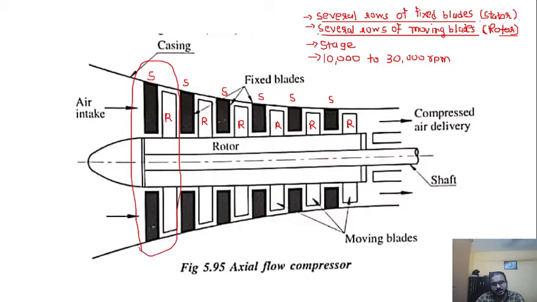This is known as a complete stage. And the pressure ratio which is achieved is normally from 1.12 to 1.20. That is the pressure ratio that is achieved in a single stage.